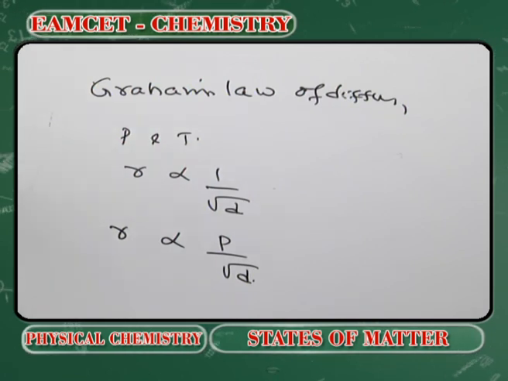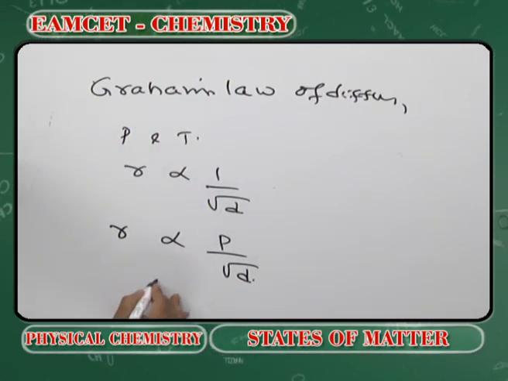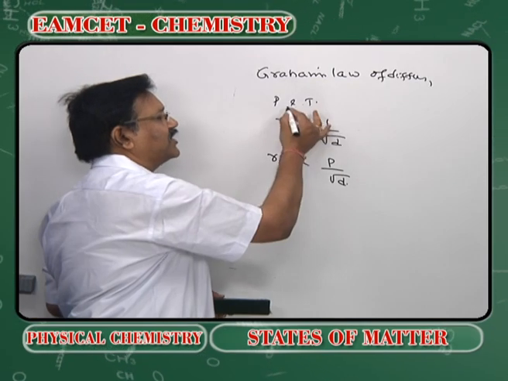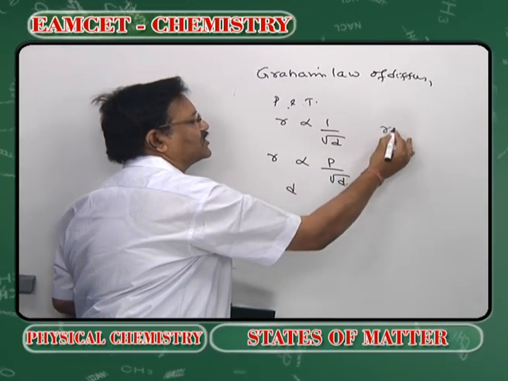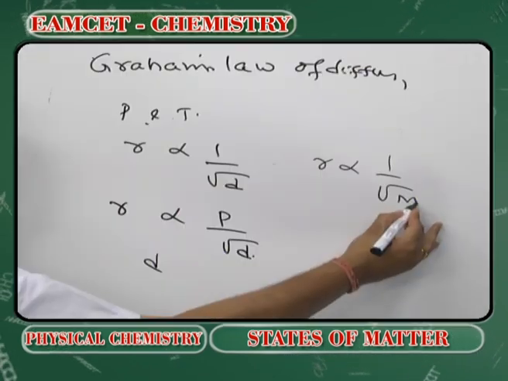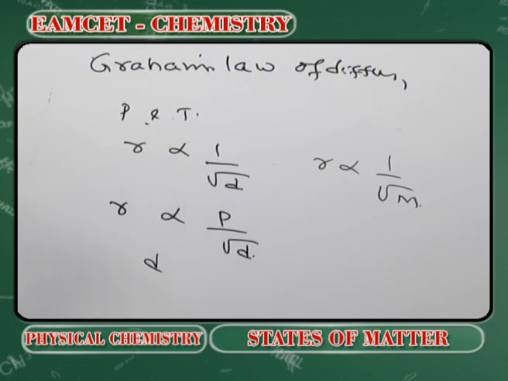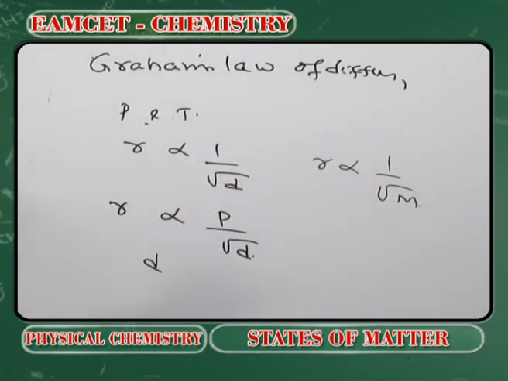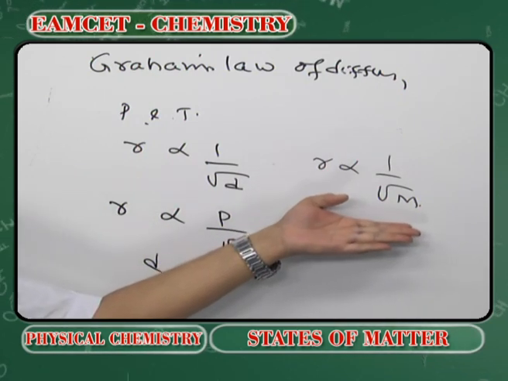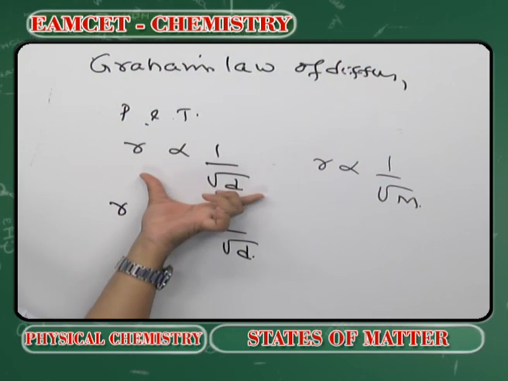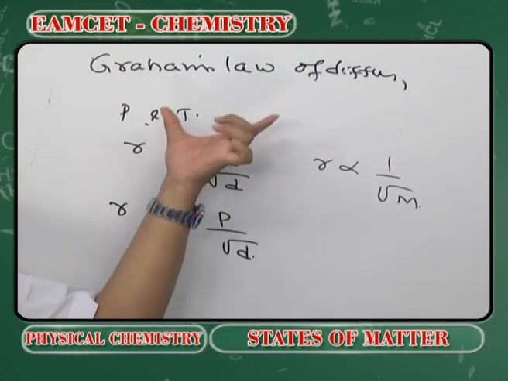So for a given gas, when pressure and temperature are kept constant, R is proportional to 1 by root m. From this, the mathematical relations can be generated. This is the basic relation proposed by Graham.